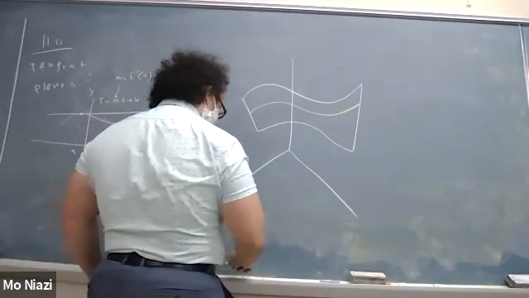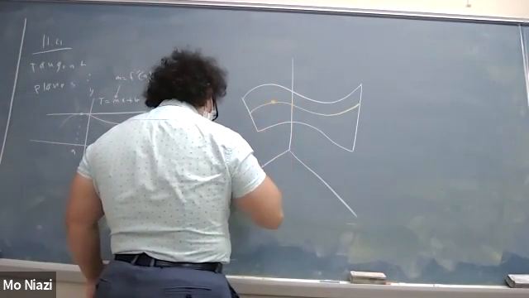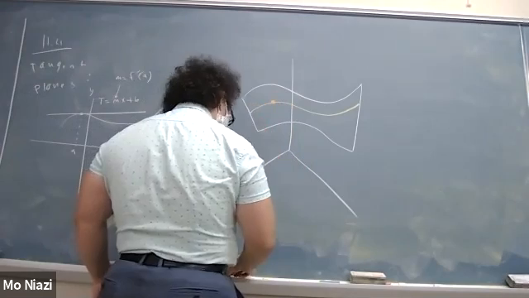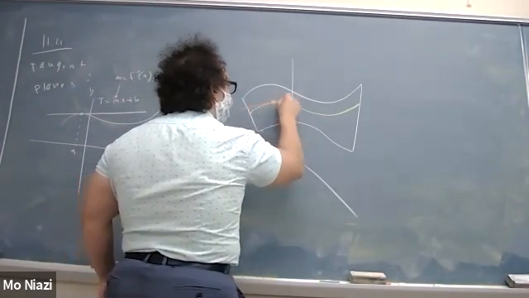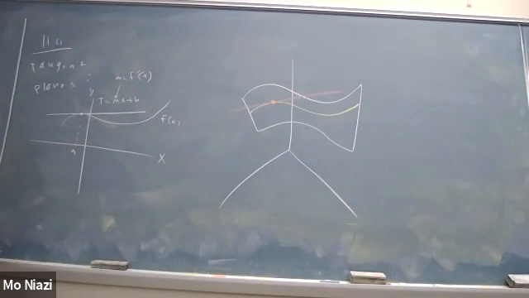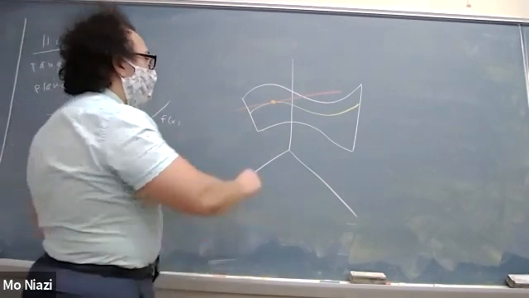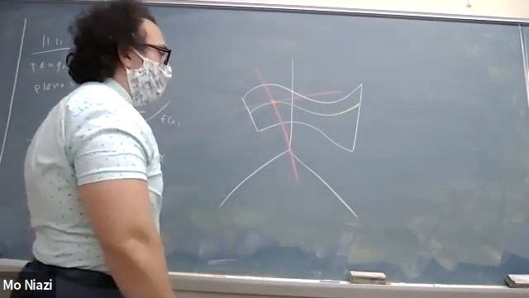Next, we can say, okay, at some point P, what is the slope of this tangent line in the x direction? And what is the slope of this tangent line in the y direction?